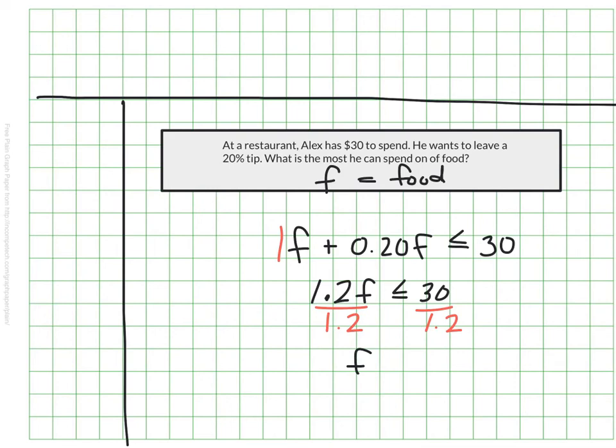When I do 30 divided by 1 and 2/10, let me just do a calculation here. That ends up being 25, right? So Alex could spend less than or exactly $25, right? He can spend $25 or less.